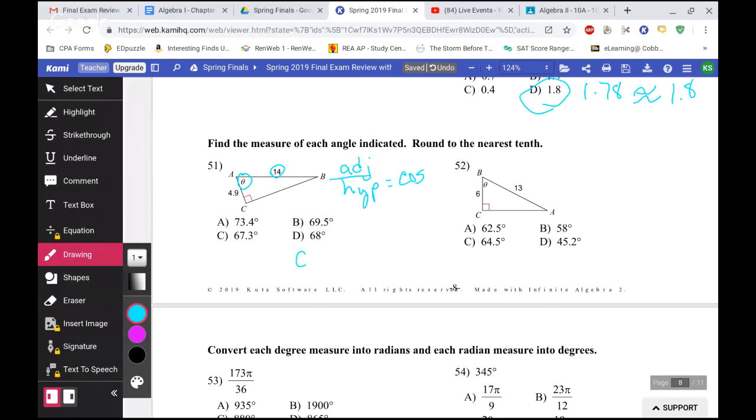So the cosine of theta is equal to 4.9 over 14, which means you're going to find the inverse of that. So you would plug into your calculator second cosine 4.9 divided by 14.